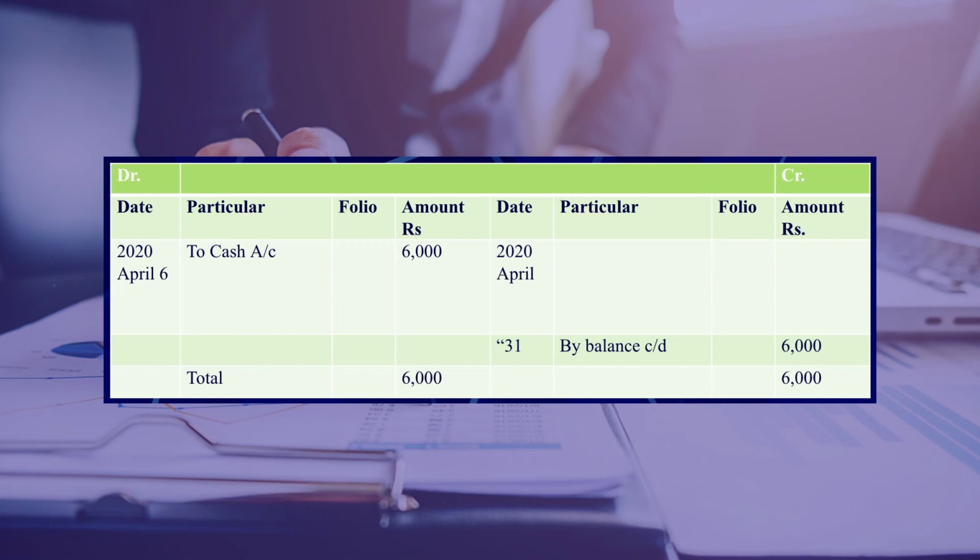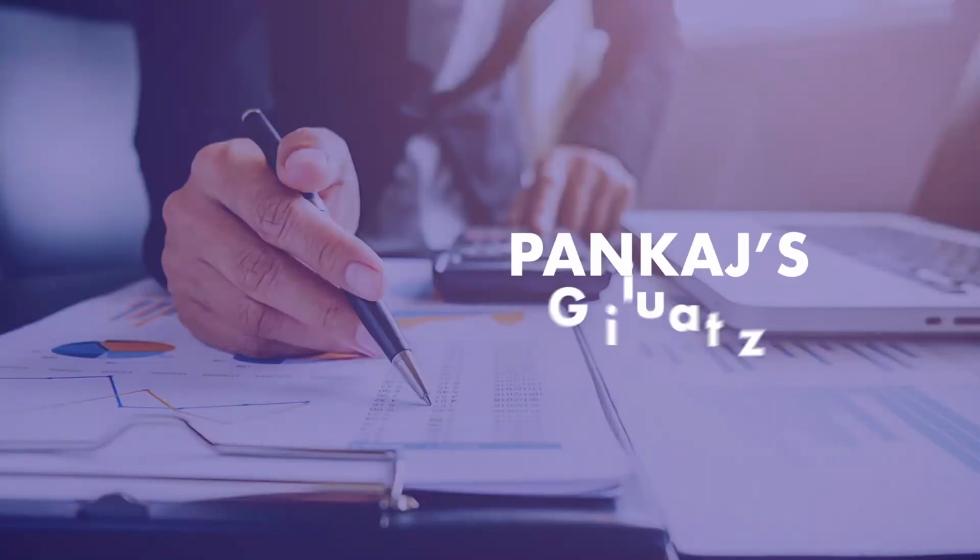I have already made very clear that if the total of the debit side will be more, then in order to resemble the total of both the sides, we will write by balance CD, and if the total of the credit side will be more than the debit side, in that case we will use the word to balance CD.